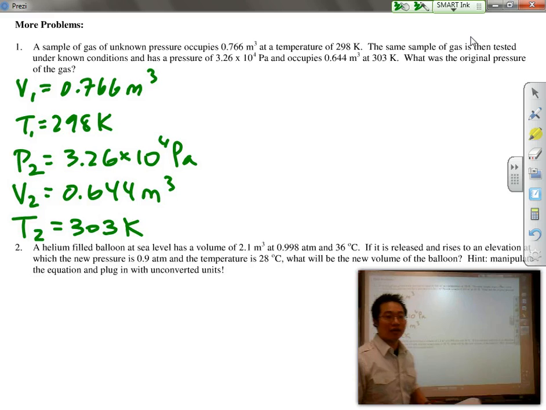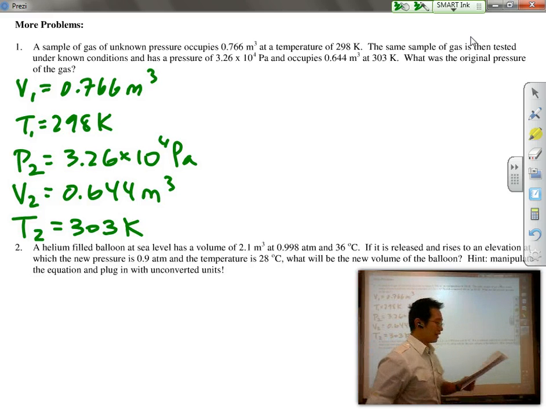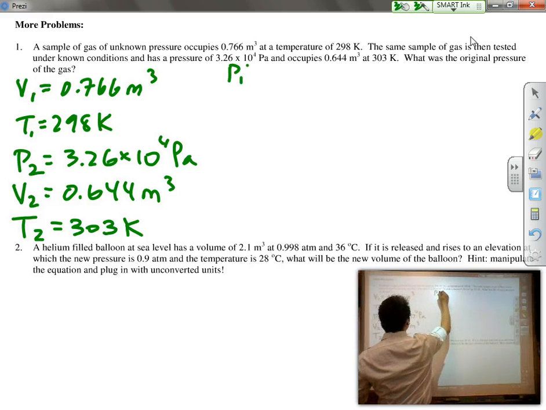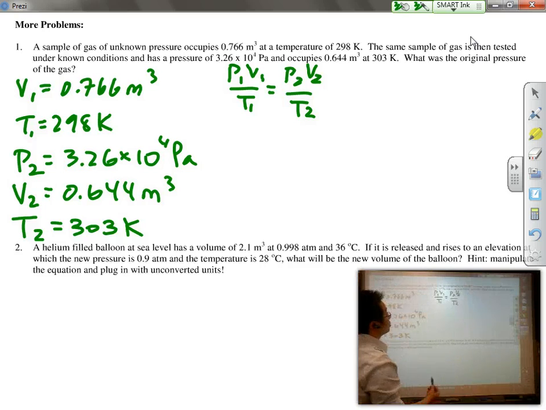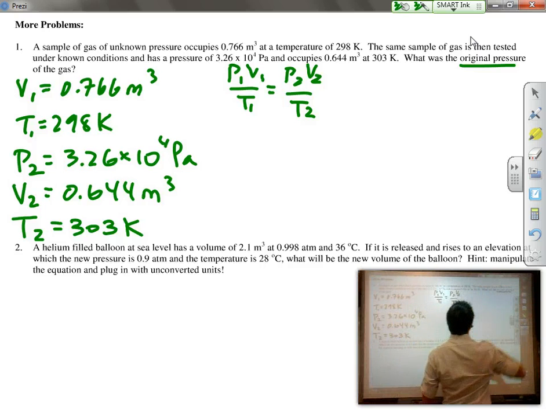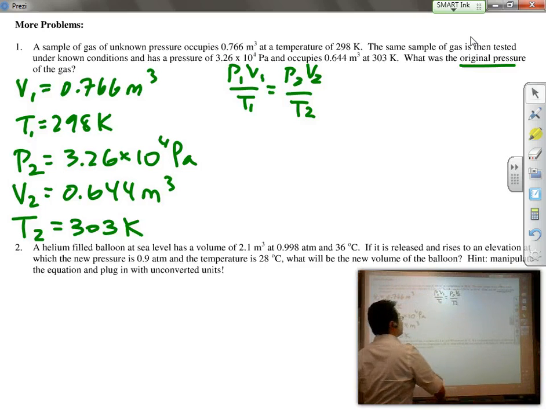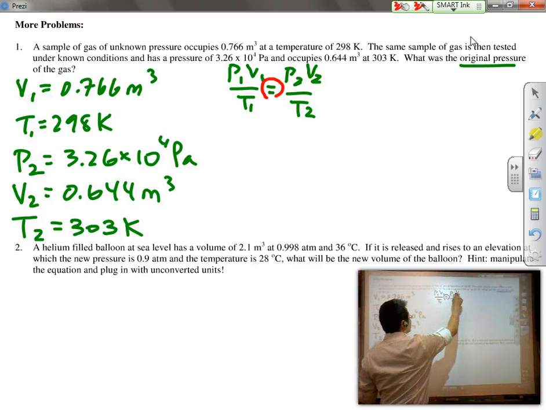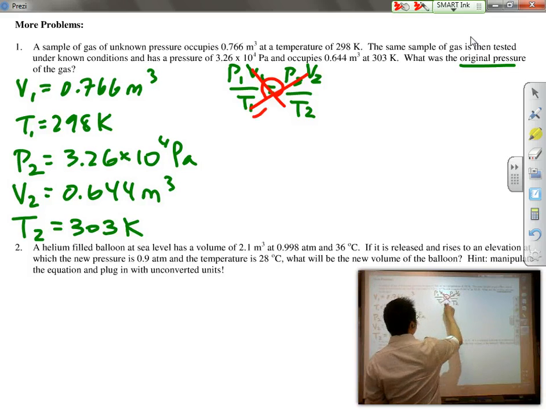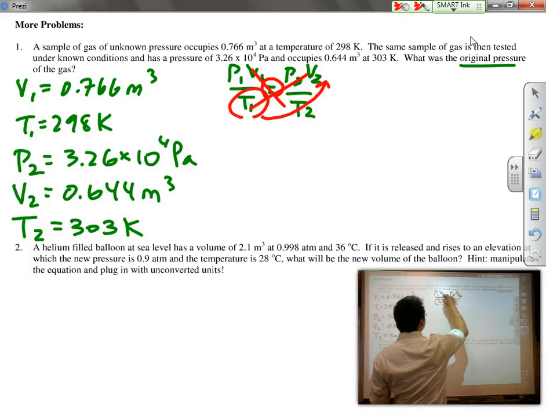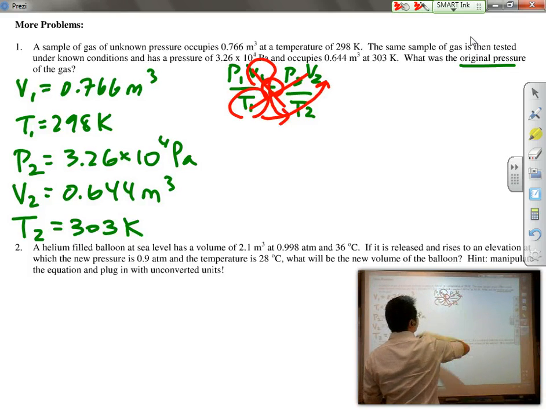So if I'm trying to do this mathematically, I know that P1V1 over T1 is equal to P2V2 over T2. The question asks, what was the original pressure? What was P1? So keep in mind that because of the equal sign, we can simply cross multiply, meaning we can bring the temperature T1 to the top and the V1 all the way to the bottom.